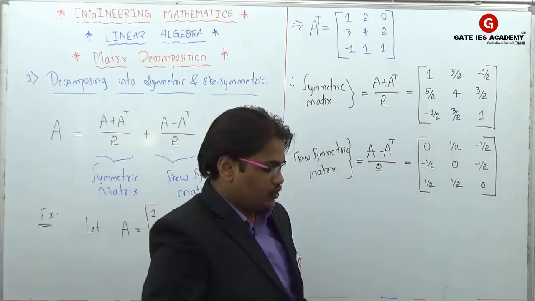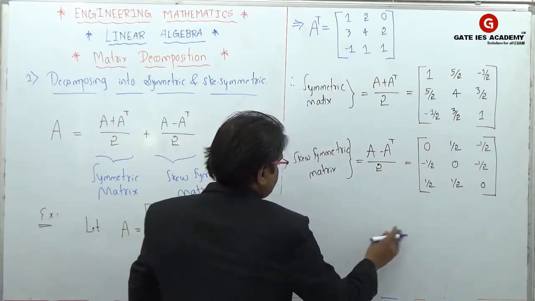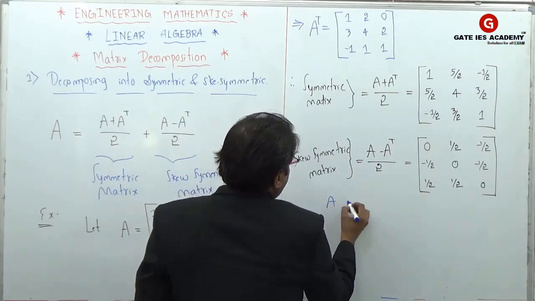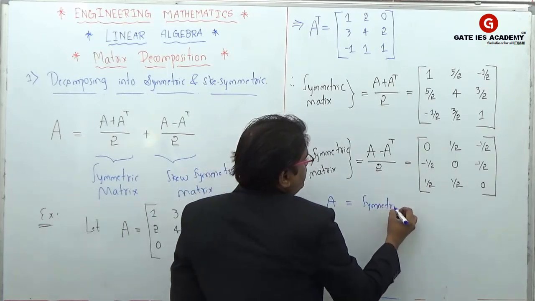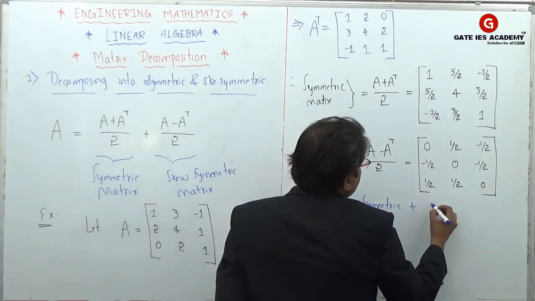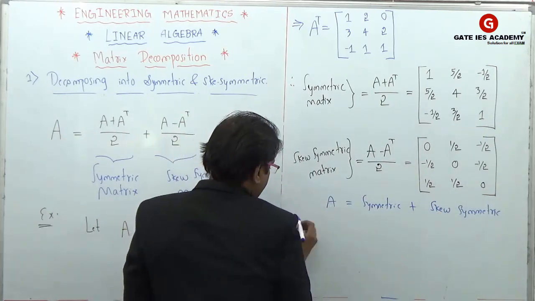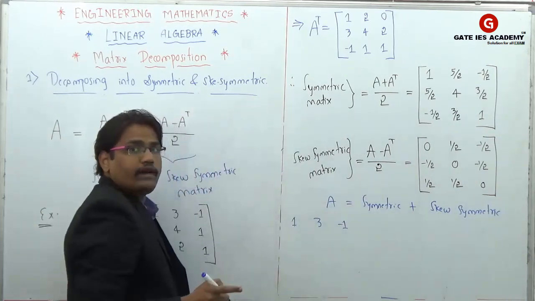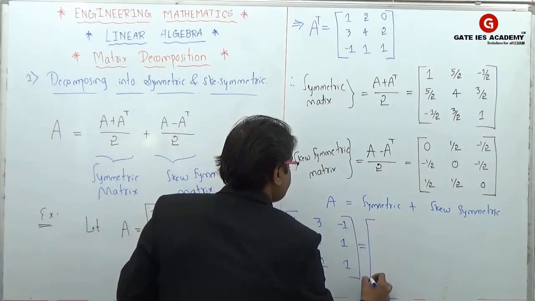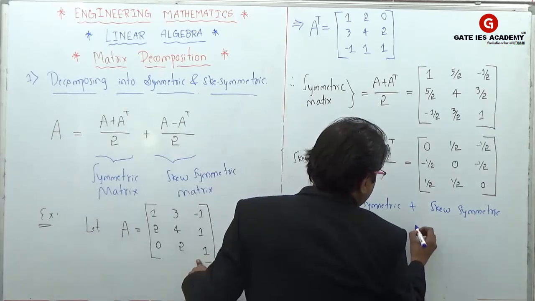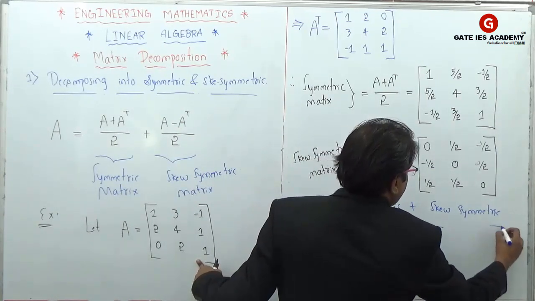So you can directly write the given matrix A as symmetric plus skew symmetric. A, which is 1, 3, minus 1; 2, 4, 1; 0, 2, 1, equals the symmetric form plus the skew symmetric form.